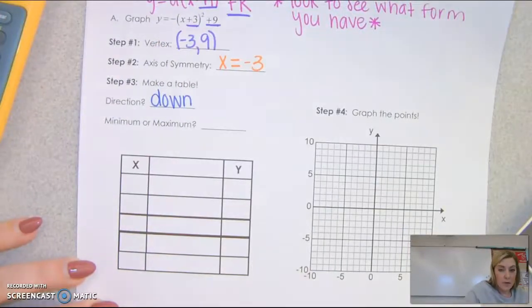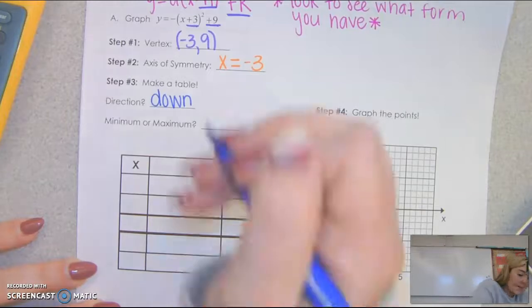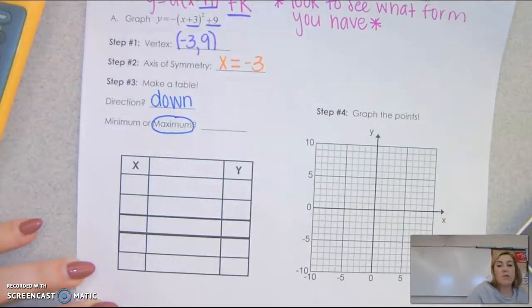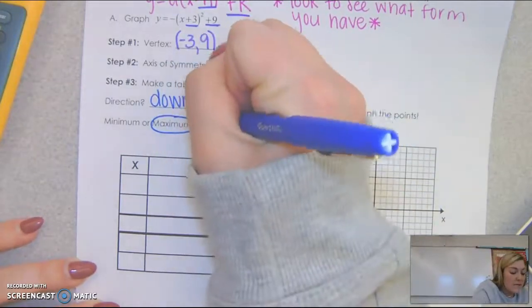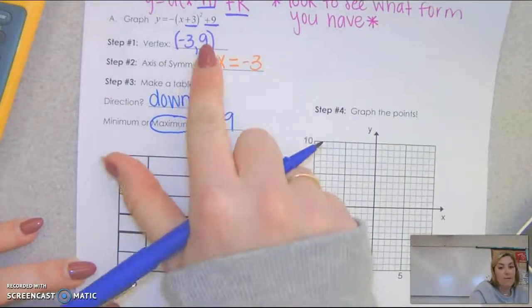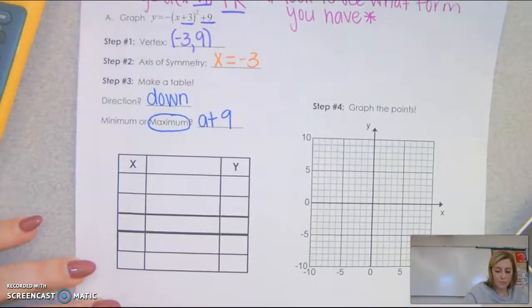And since it's going down, it's going to have a maximum value because the vertex is going to be the highest point. The value is going to be 9, that's the y value of my vertex.